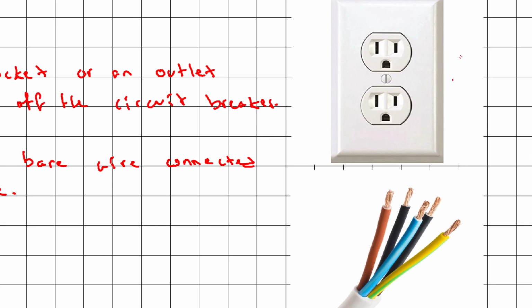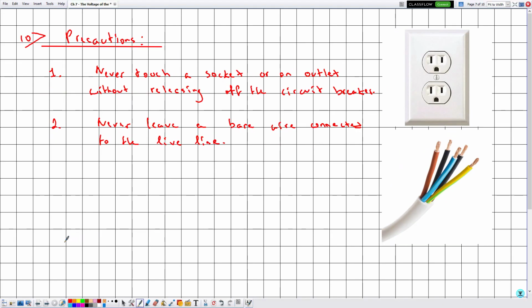Now suppose here in this case this is the live and this is connected here like this, and we touch with our finger this bare wire, then this may cause electrocution. Okay, so this is extremely dangerous.